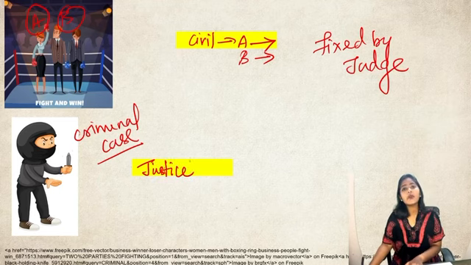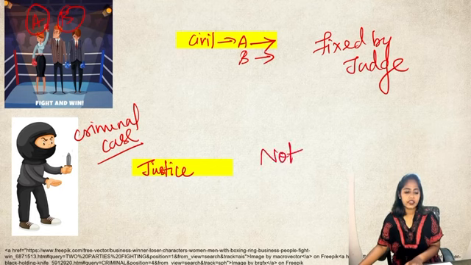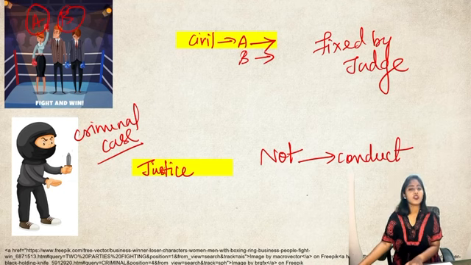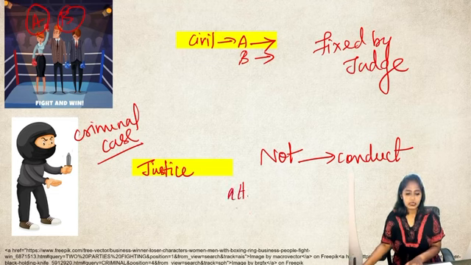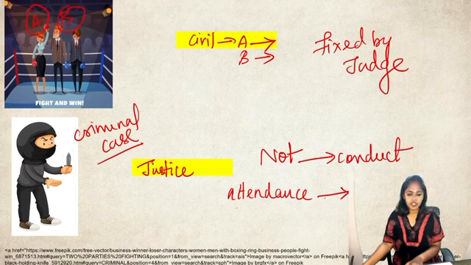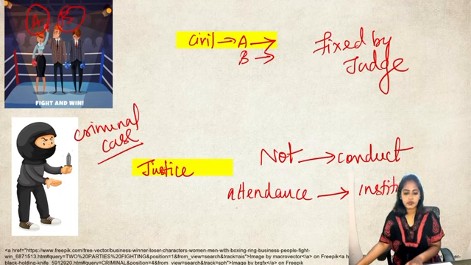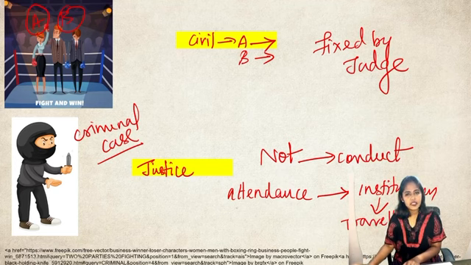So you will not be provided the conduct money, right? Because you're working for justice. But if you're a government employee, you will get an attendance sheet from the judge after attending the court, so that you will submit that in your institution and they will provide you the traveling expenses, right? So this is about conduct money and summons, right?